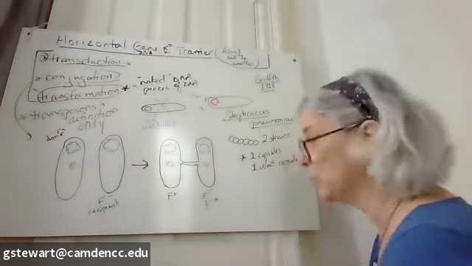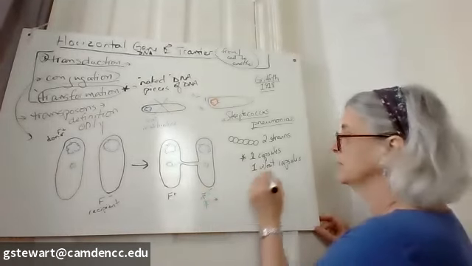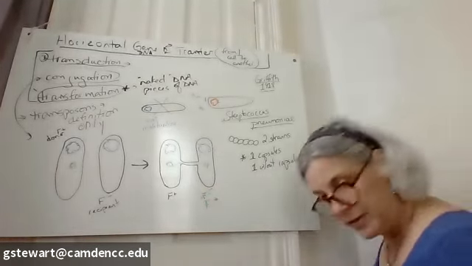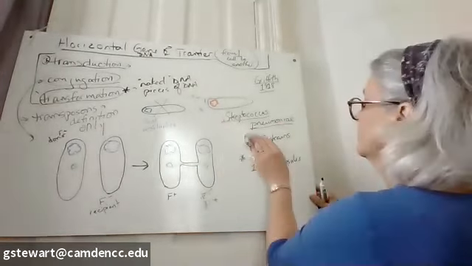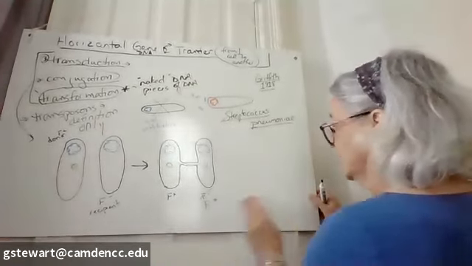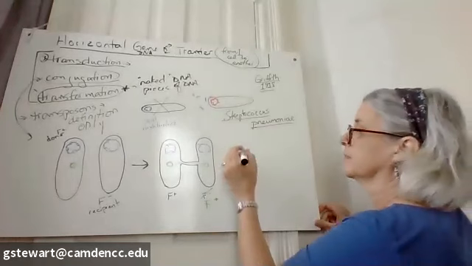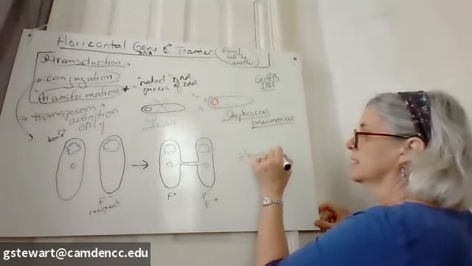Again, why is this important? Well, many times on the plasmid, remember, plasmids contain bonus DNA.